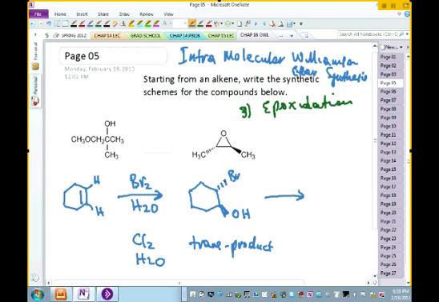What does that mean? If I say that I want to do an intra, it means that the nucleophile and the leaving group will be in the same molecule. Okay, so what do you think I am going to do now?